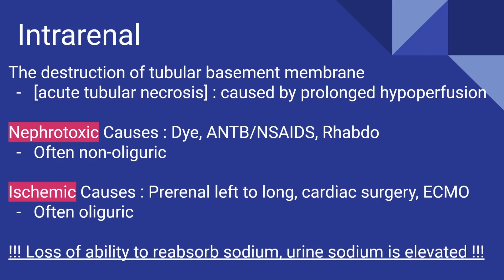So that would be in the case of pre-renal failure that's left too long. So we have hypoperfusion of the kidney for too long and those tissues start to die. That's when we start to see more oliguric, more a less potential to make urine at all. So dyes, antibiotics, rhabdomyolysis, we think recoverable. When we think of significant hypoperfusion to the kidney, we think less recoverable.